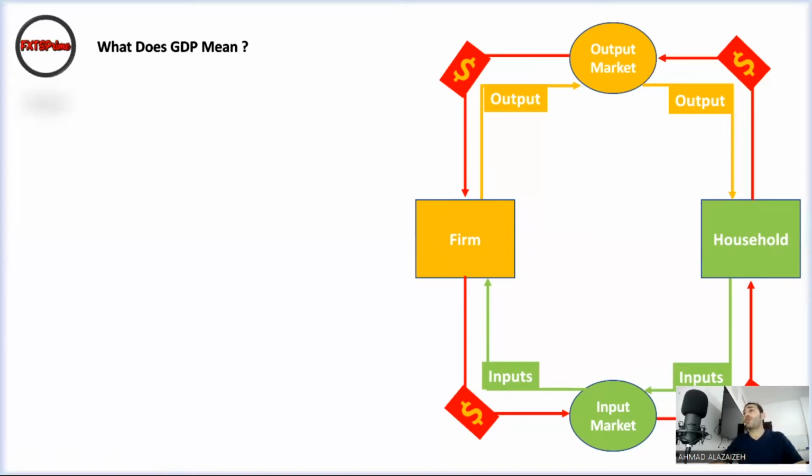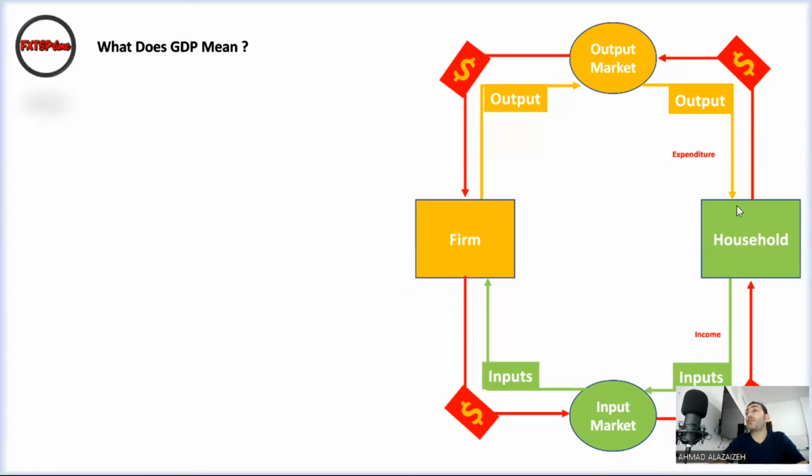Now the household are going to take the income and spend it in the output market, and they're going to buy services and goods such as a car, food, services, whatever. So you can see how the money circulation happens in this cycle in a simplified manner. So now we can measure income in this area, and we can measure expenditure in this area.